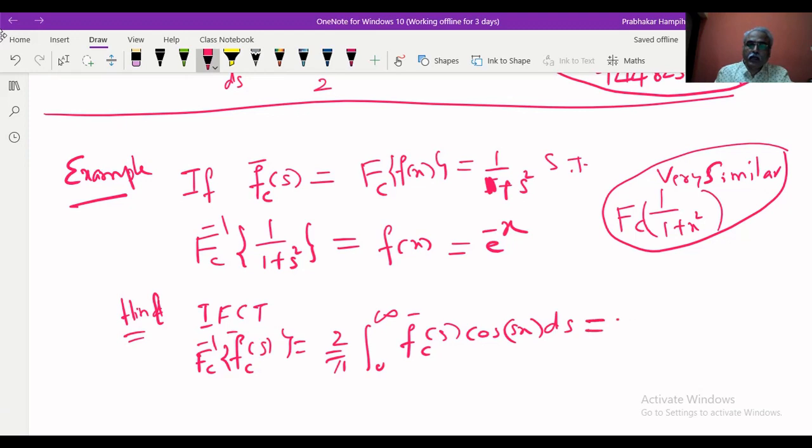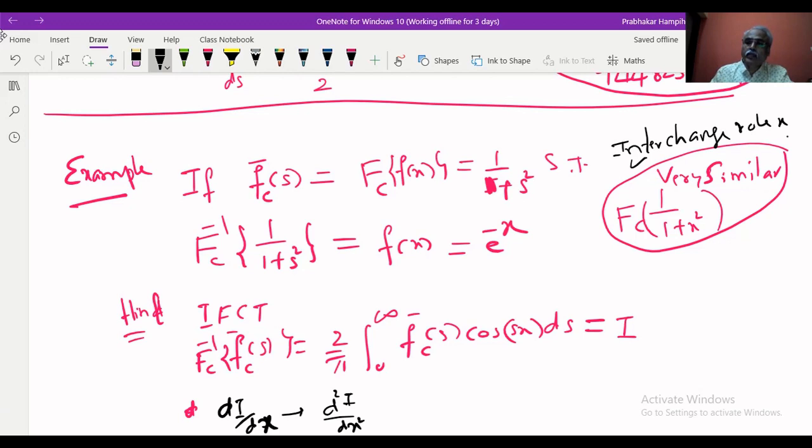You write this as I and generate, the hint is again, generate dI by ds, d square I by ds square. Instead of dI by ds, you will get d square I by dx square.